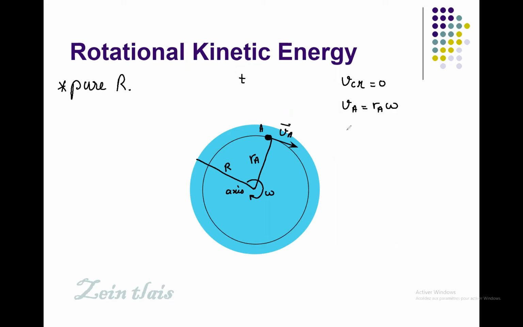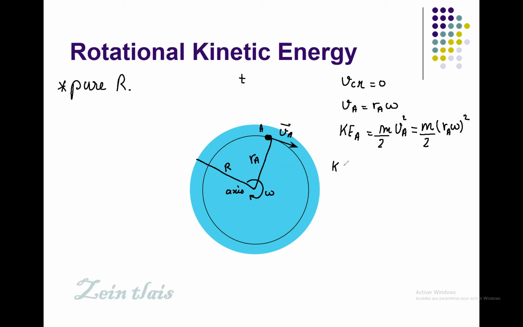What about the kinetic energy of this element or of the total object, okay? The kinetic energy of the element A equals to half m VA square, okay? Equals to, you know, V equals to R omega, we can put M over 2 times RA omega square.